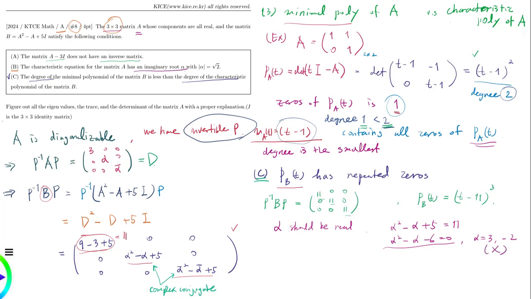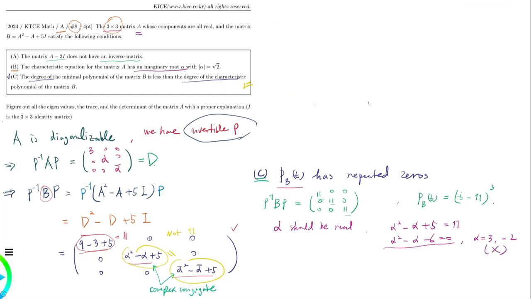So what we have for the other case is that those two eigenvalues should be the same, but they are different from 11. Not 11, but they should be the same. That's our second conclusion for this condition C.